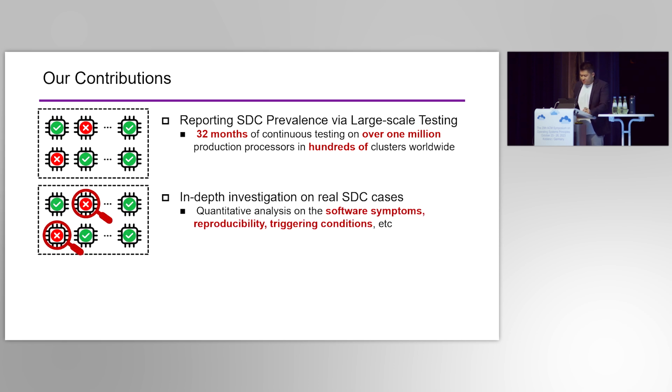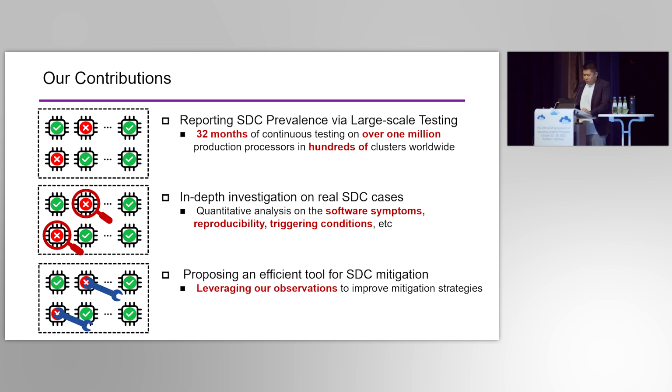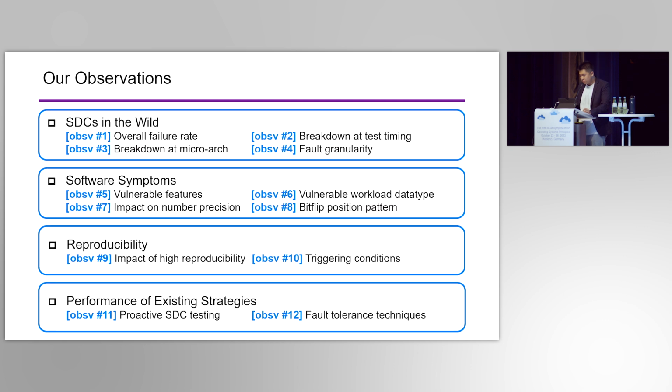Furthermore, we investigate real SDC cases in depth. We give quantitative analysis from multiple perspectives, including software tracking condition, reproducibility, and so on. Besides, leveraging observations in our study, we propose an efficient tool for SDC mitigation named Farun.